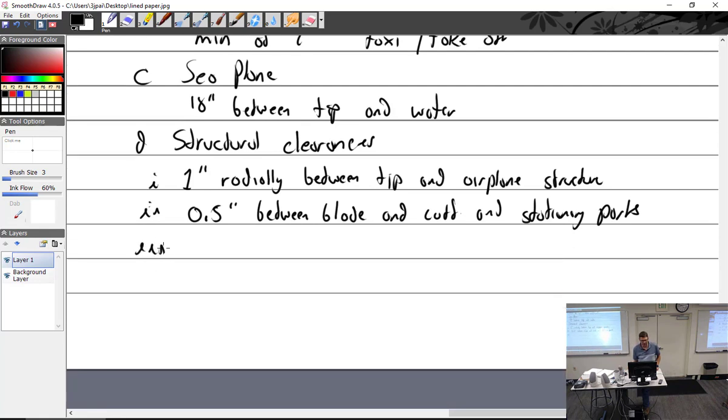And positive clearance between other parts. Such as spinner would be an example. Cowling.